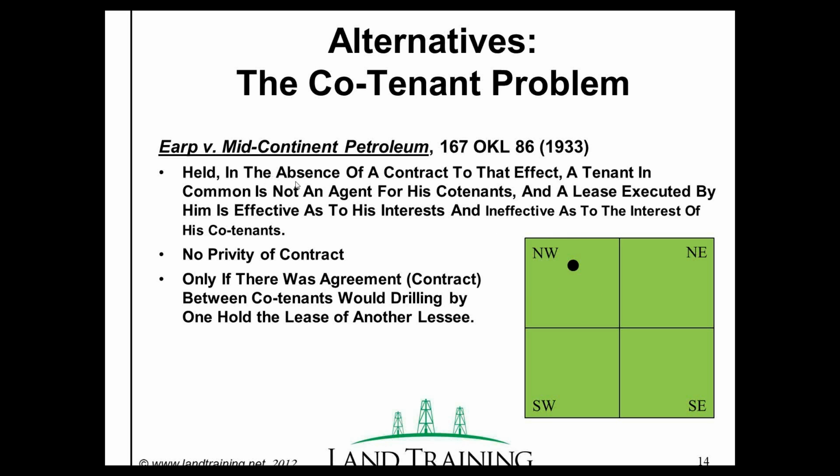It said in the absence of a contract to that effect, a tenant in common is not an agent for his co-tenants, and a lease executed by him is effective as to his interest only and ineffective as to the interest of his co-tenant. So there's no privity of contract between Wagner and Mid-Continent, and therefore Mid-Continent's drilling is not going to hold the Wagner lease.